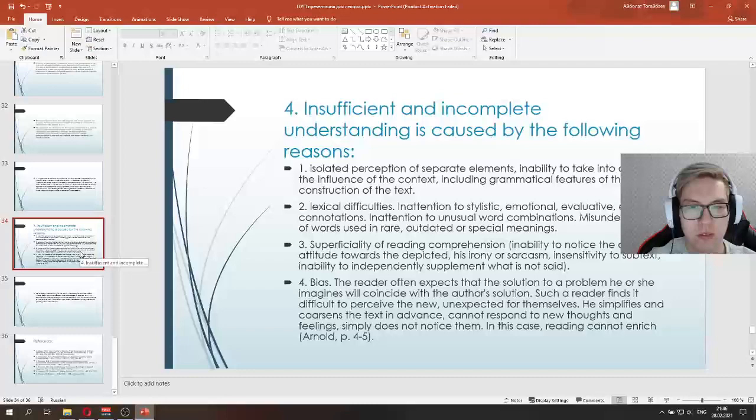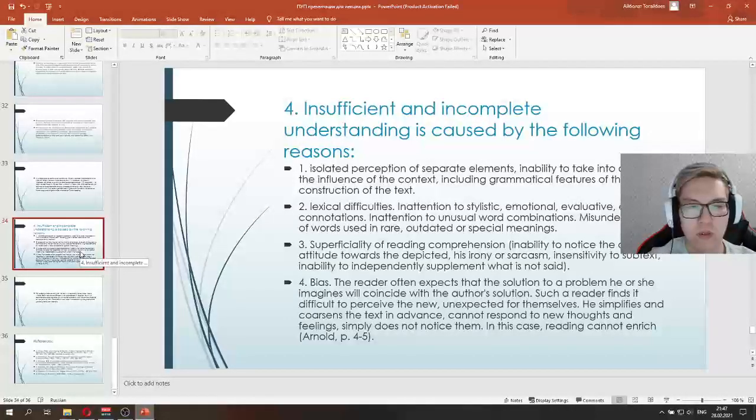Number 3, superficiality of reading comprehension, inability to notice the author's attitude towards the depicted, his irony or sarcasm, insensitivity to subtext, inability to independently supplement what is not said. And number 4 is bias.